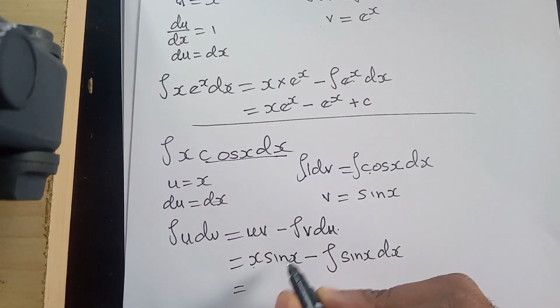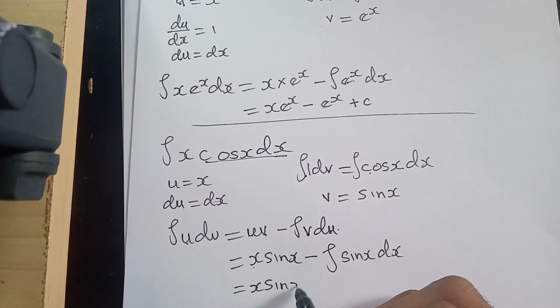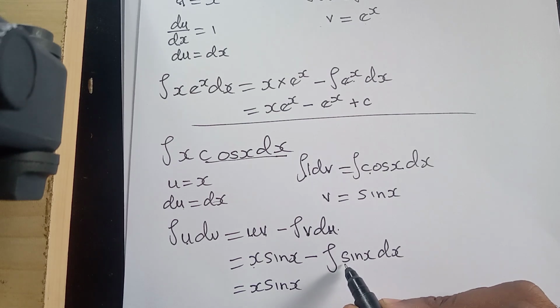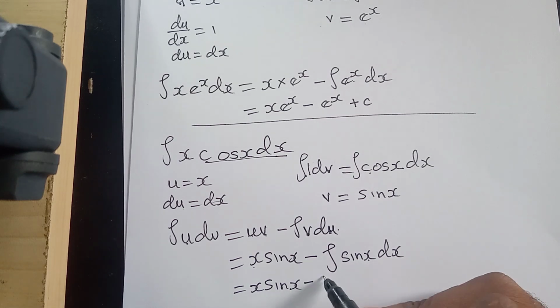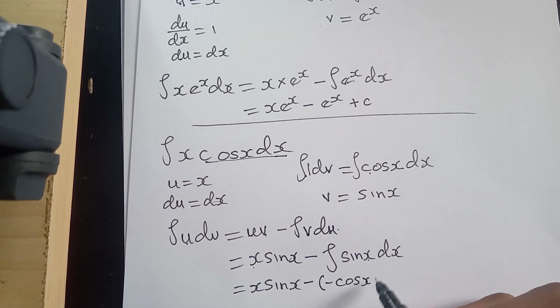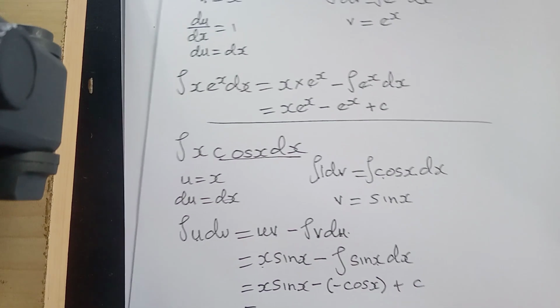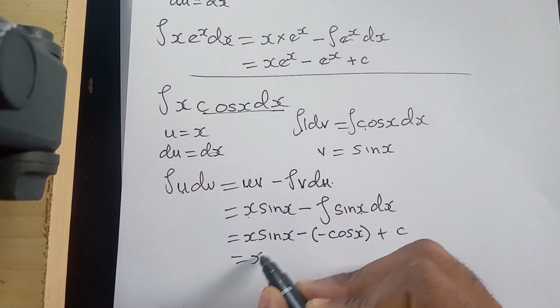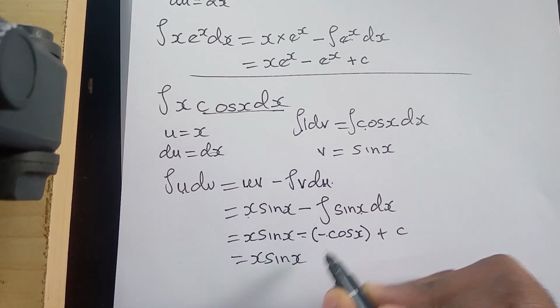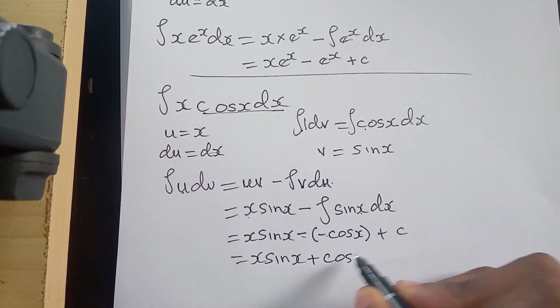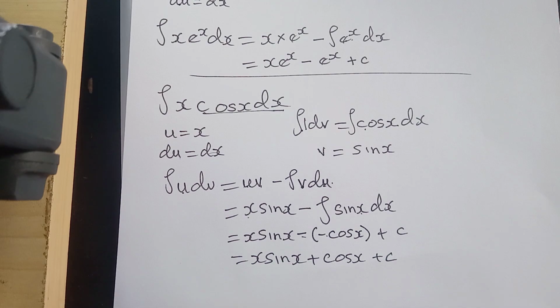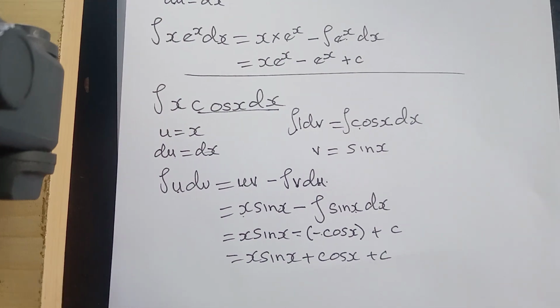And then this times this remains the same. And then when you integrate sine, you get negative cos x, and then plus some constant. Then you can simplify this and say you have x sine x, negative and negative will be positive, cos x plus c, and then you are done.